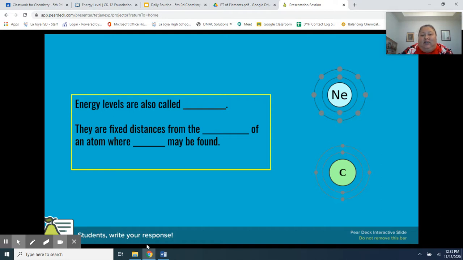Just try and take a guess at what you think goes in those blanks. You have your packet, the answers are there. But I don't know how many of you guys have your packet.